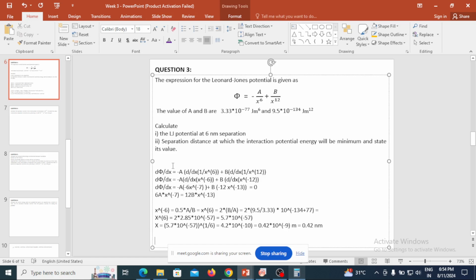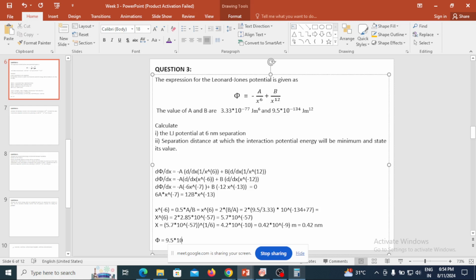I'll not be calculating for the first expression, since we are doing the second one, it's just about substitution of the value. So let me first put the b value first.